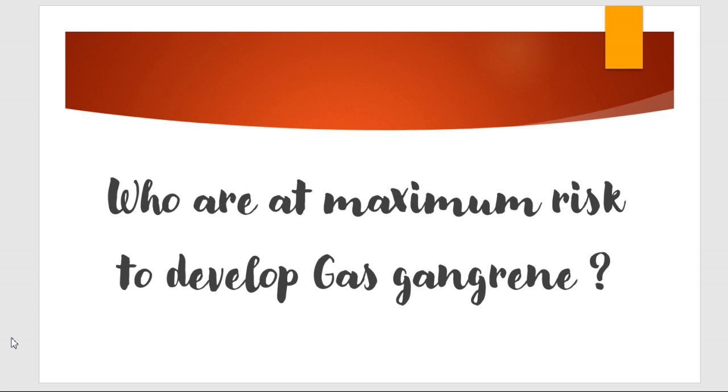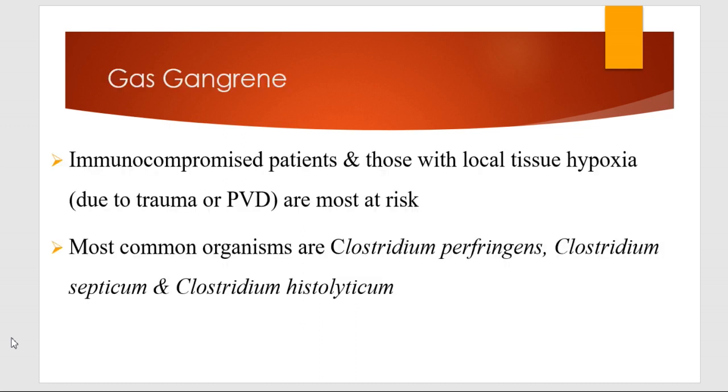The question is, who are at maximum risk to develop gas gangrene? The two important groups of population: the immunocompromised patients are at risk to develop gas gangrene, and the patient who is having local tissue hypoxia.